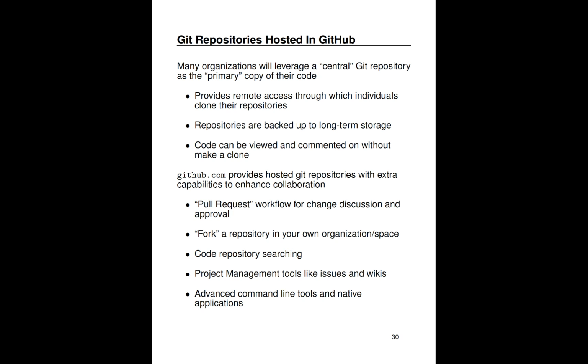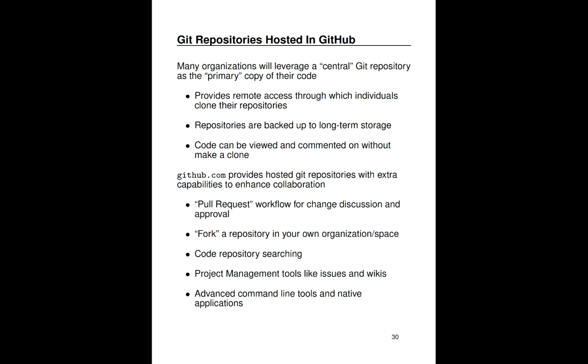So as I was saying, Git repositories are usually hosted someplace, especially if you're an organization, a company, nonprofit, some enterprise. They'll have basically a repository of repositories where all of the Git repositories live. This will be the primary copy. This is good because it can provide that access while still having good IT practices like having it backed up and having authentication centralized, all kinds of good stuff like that.